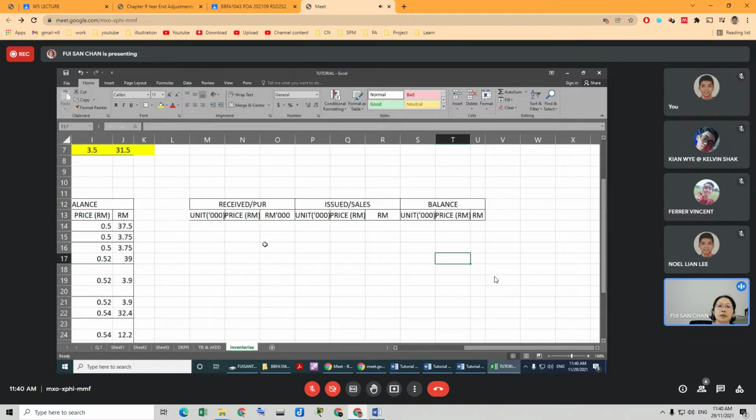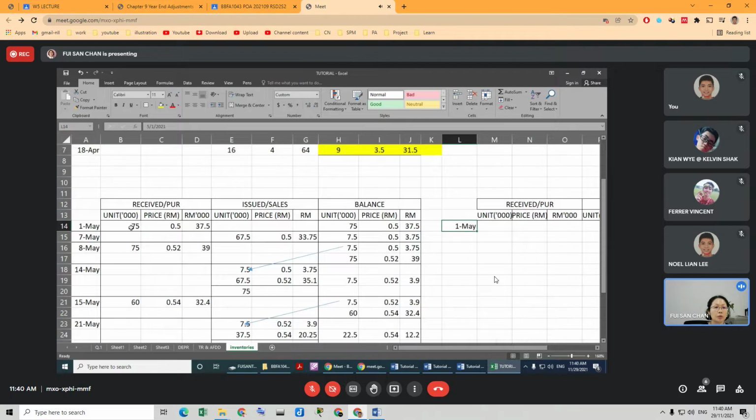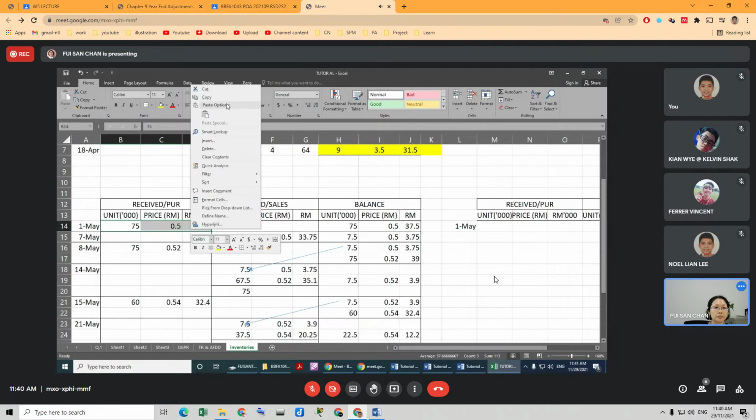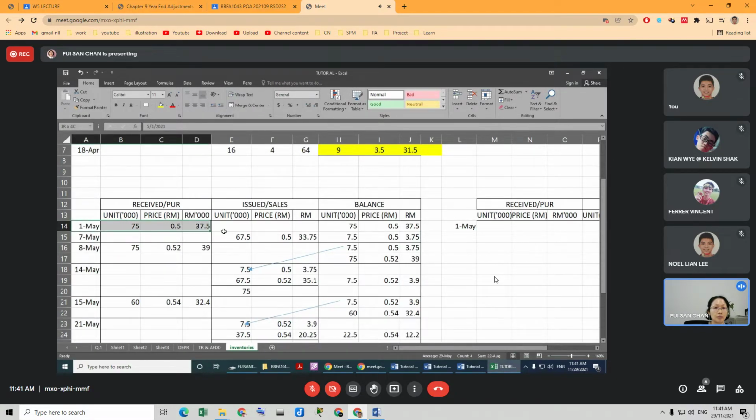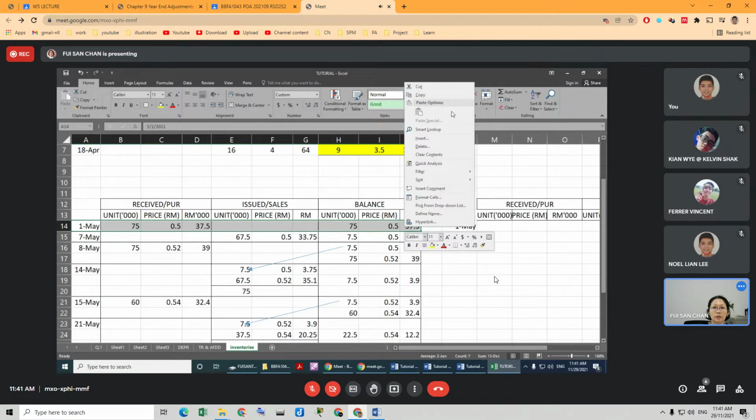It is the same question, so we start from 1st May also. This one we can copy from here. I can copy the whole thing actually.